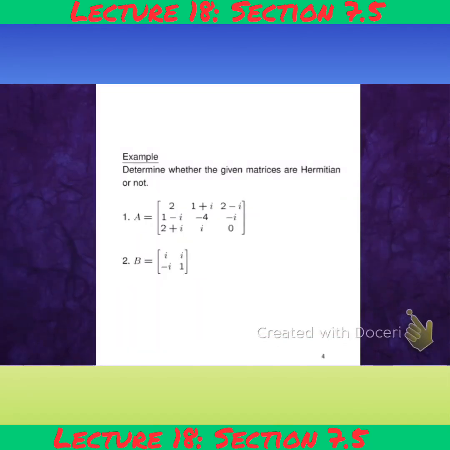Right, the next problem, you guys can do number 1 as an exercise, determine whether the given matrices are Hermitian or not. If we look at the second one, if we look at the complex conjugate of that matrix there, first of all, the conjugate of the matrix B is going to be this matrix.